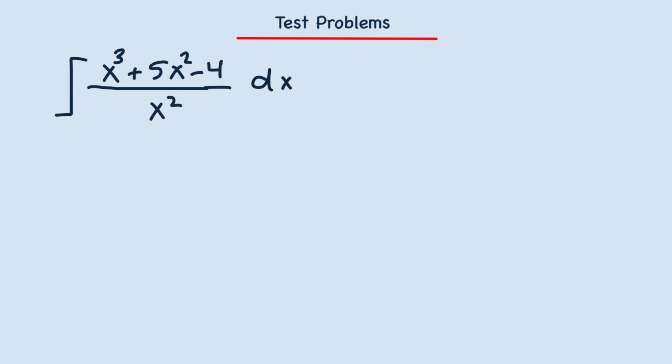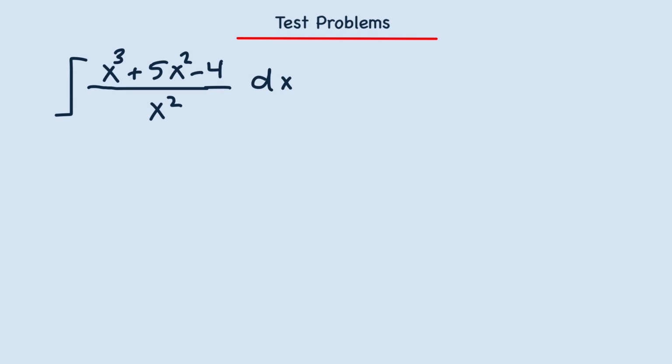Integral x cubed plus 5x squared minus 4 divided by x squared dx. The idea in this question is to distribute the x squared for all of these terms. If you have only x squared on the denominator without any other number like plus 5 or minus 12 or whatever, you can distribute the x squared into all of these terms.